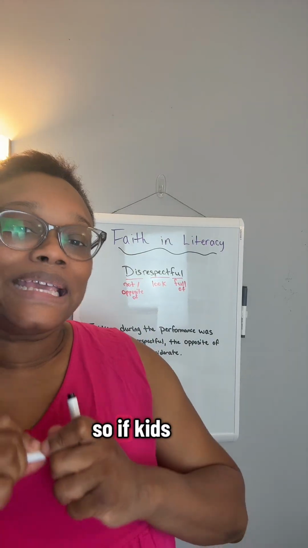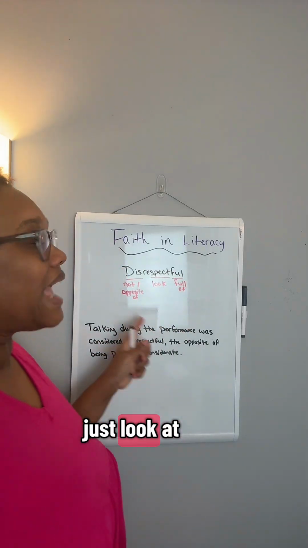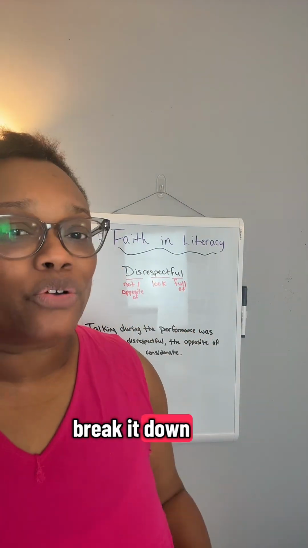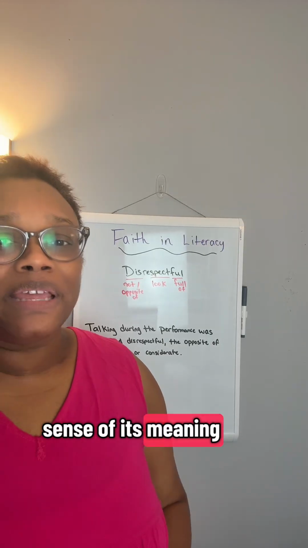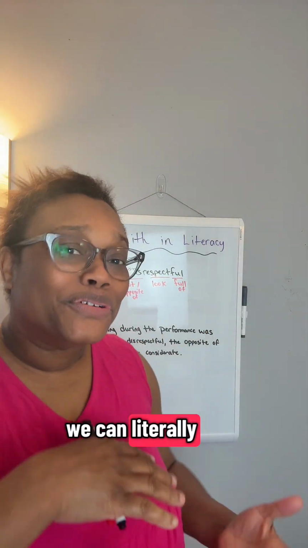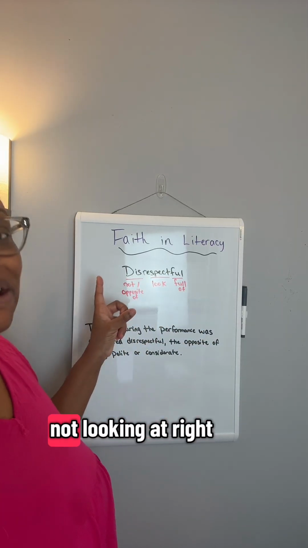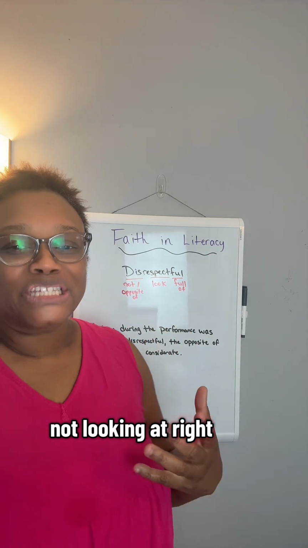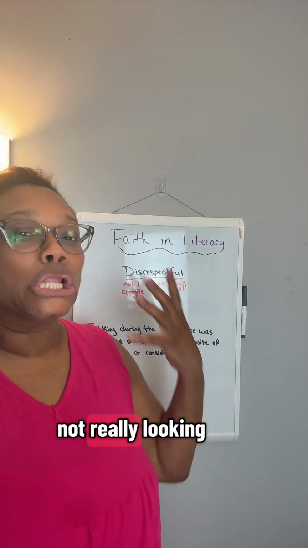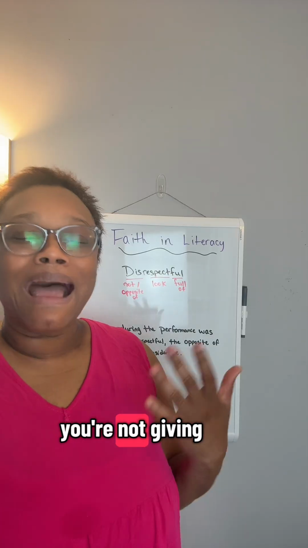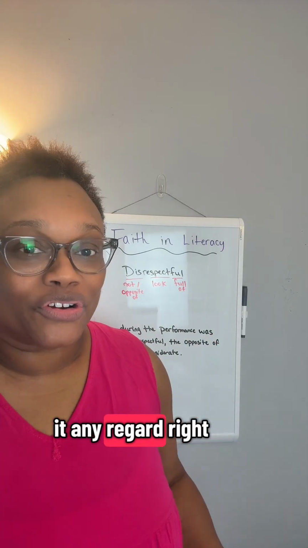So if kids are going to just look at the word and break it down to get a sense of its meaning, we can literally say that it is full of not looking at, right? So when you're not really looking at something, you're not giving it any regard, right?